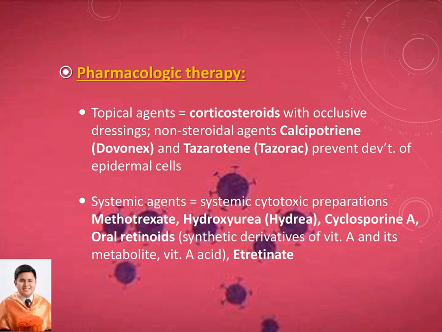This is to minimize the overproduction of certain skin cells. The systemic agents are particularly given to stop and inhibit the overproduction of skin cells by destroying them through their cytotoxic features. Also, these systemic agents help in providing supplementary skin nutrition.